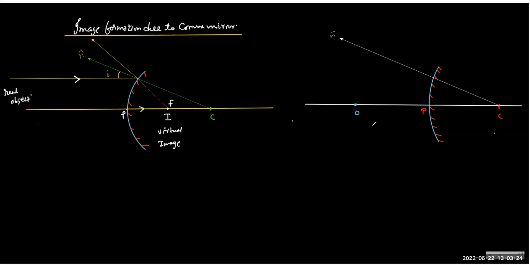So take any object. How will the light ray go from this object? This is the incident ray, correct? The reflected ray will be like this. Do you realize? And therefore, this is the image.